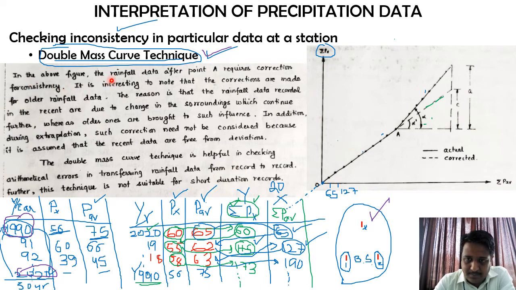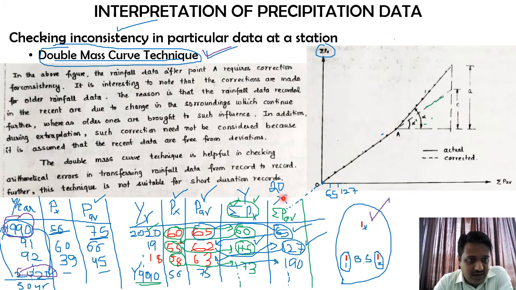In the above figure, the rainfall data after point A requires correction for consistency. It is interesting to know that the corrections are made for the older rainfall data. The reason I have just told you: the rainfall data recorded recently are due to the changes in the surrounding, which continue further. So what it indicates, once in 2008 our college has been established, this college is going to remain even in the future.